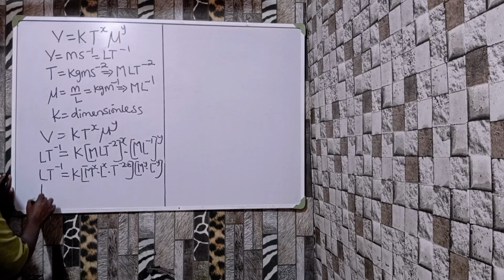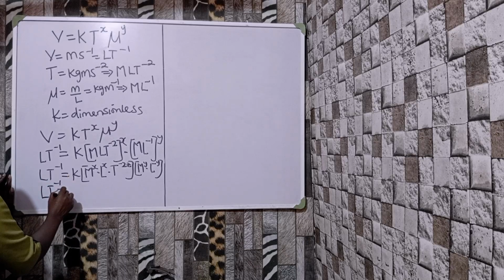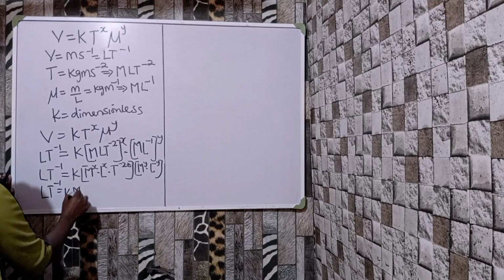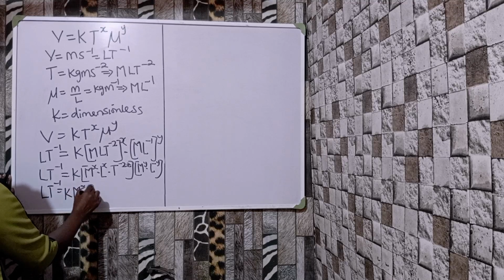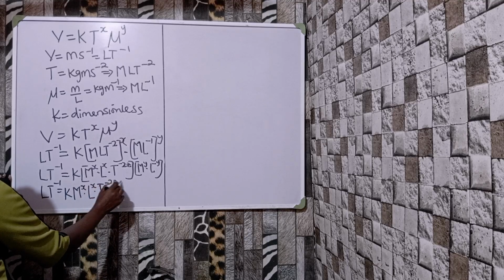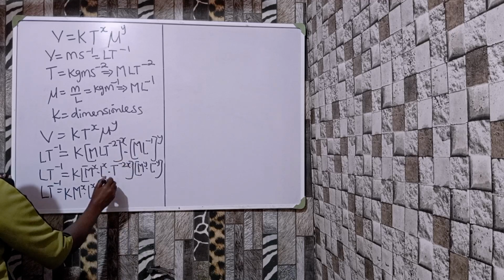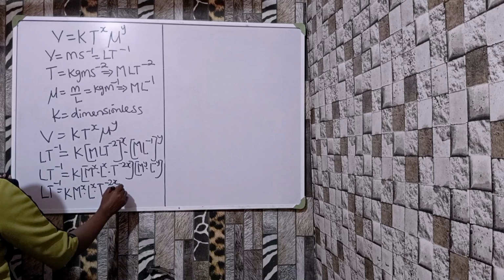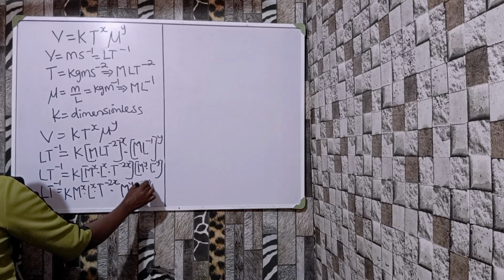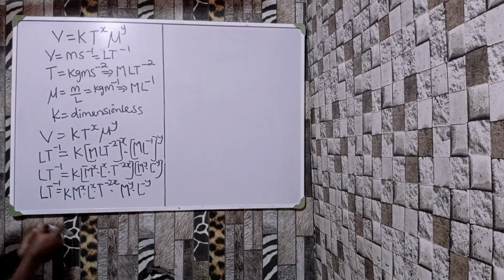LT^-1 is equal to k, and we open it to have M^x L^x T^-2x, then M^y L^-y. So the next thing I'm going to do is to bring them together, collection of like terms.